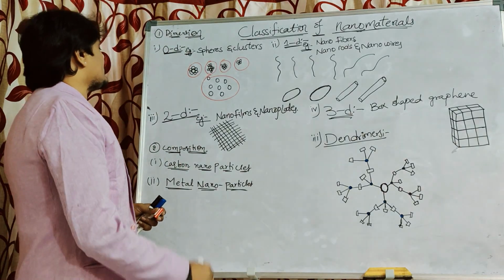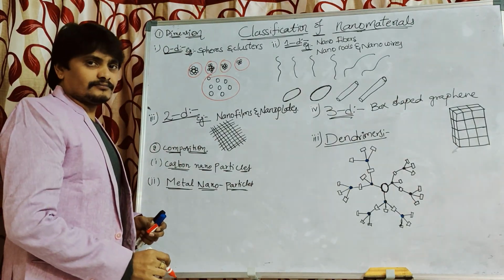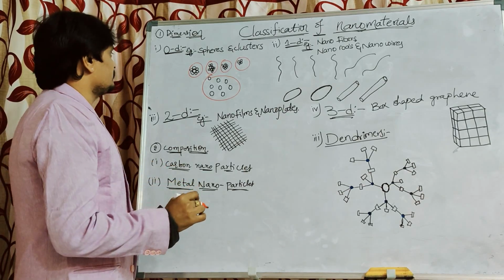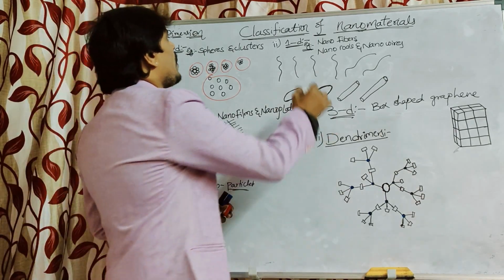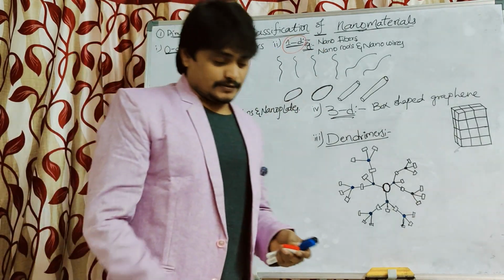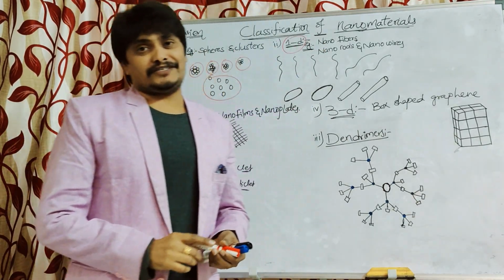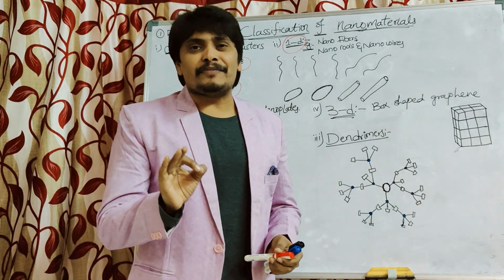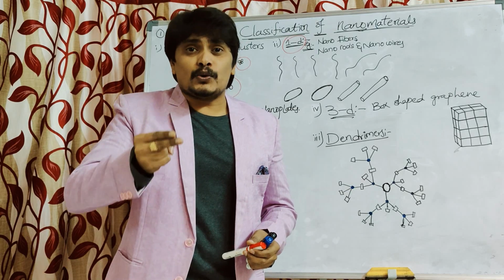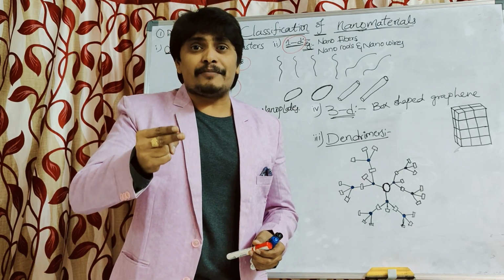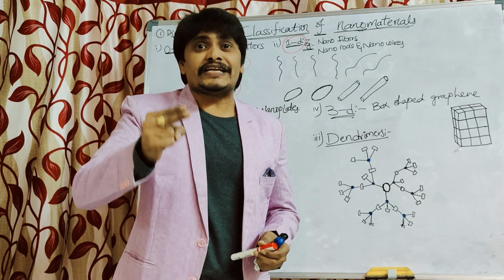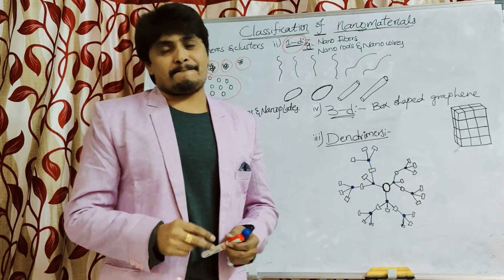Coming to the second class of the nanomaterials based upon the dimension, one-dimensional nanomaterials. What are one-dimensional nanomaterials? These are the nanomaterials in which two dimensions are in nanoscale and one dimension is above the nanoscale.